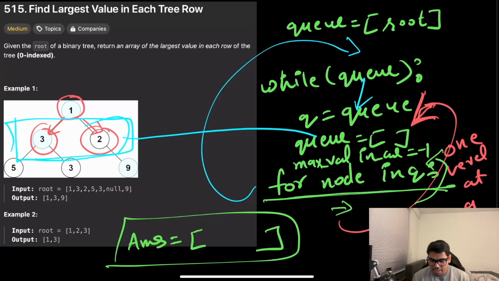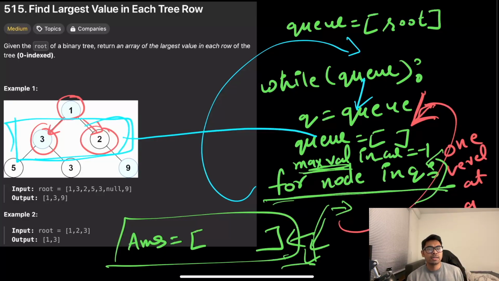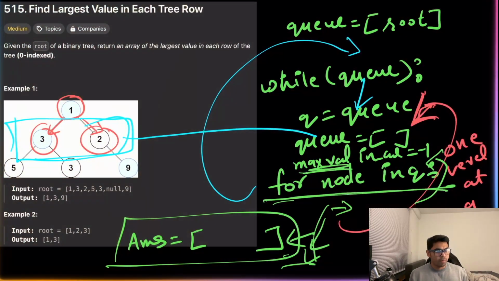Then I keep adding that to my answer once I'm out of this loop. So at the end of the for loop, I append it to my answer and return it. This is really quite simple, and I think this is the best approach. It will take big O of n time complexity and big O of n space.